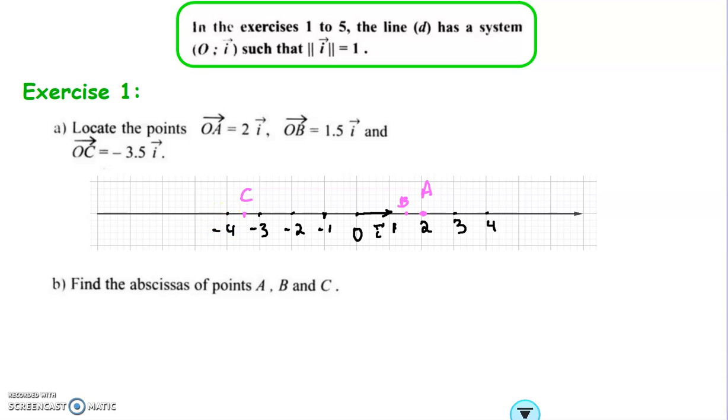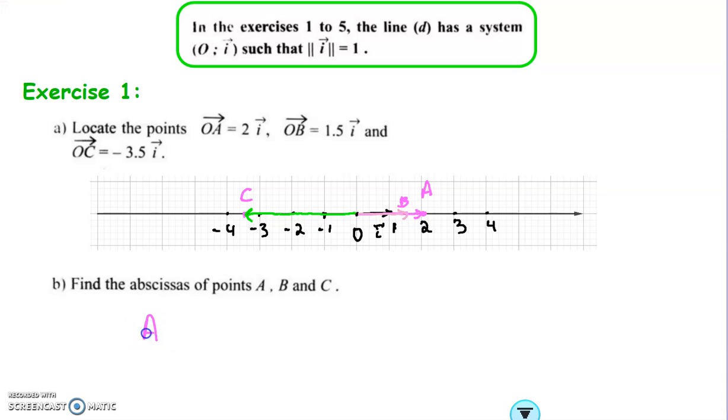Find the abscissas of A, B, C. Since we located the vectors OA, OB, OC as such, we have to draw them in vector form. So this is OA, let's say this is OB as a vector, and this is OC. Then find the abscissas of A, B, and C. This will be very easy.